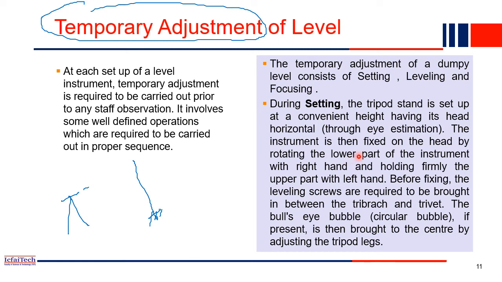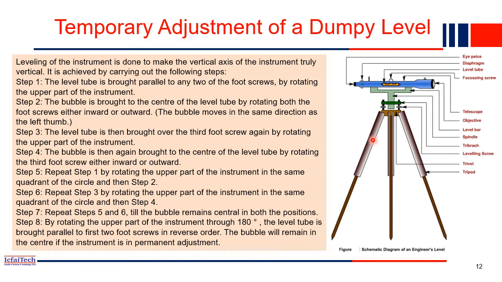The instrument is then fixed on the head by rotating the lower part of the instrument with the right hand and holding the instrument firmly with the left hand. Before fixing, the leveling screws have to be adjusted so that the instrument is exactly level. And ultimately, using the focus screw, you focus the lens so that the reading is clear. So these are the temporary adjustments of a dumpy level.